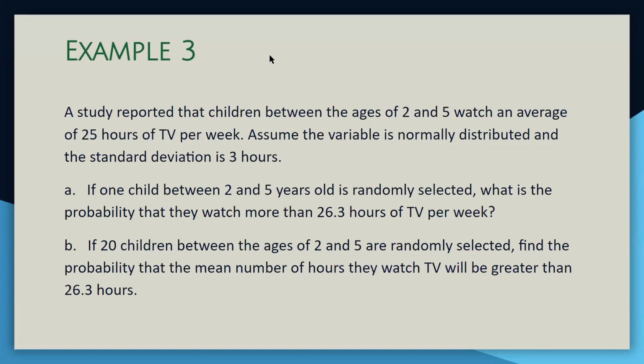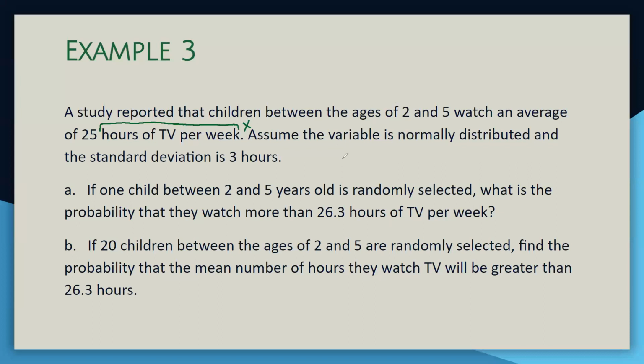So we'll start the same way we did before. Let's pick through this problem, look at what we're given, and identify what we know. So children between the ages of 2 and 5 watch an average of 25 hours of TV per week.